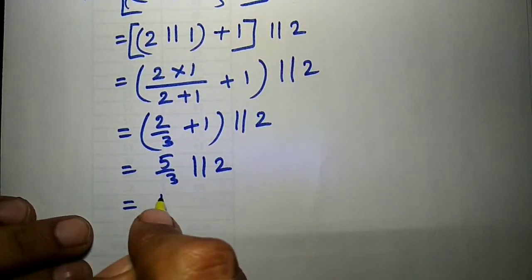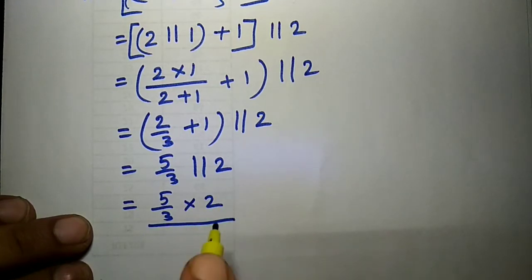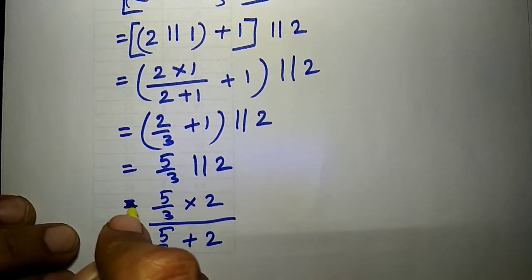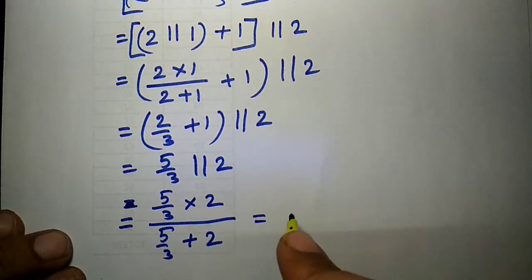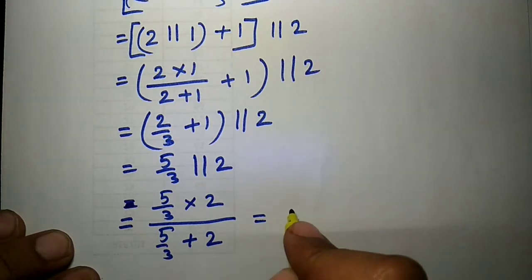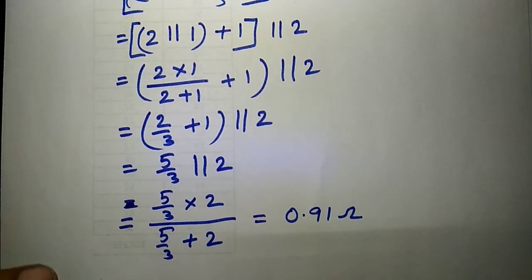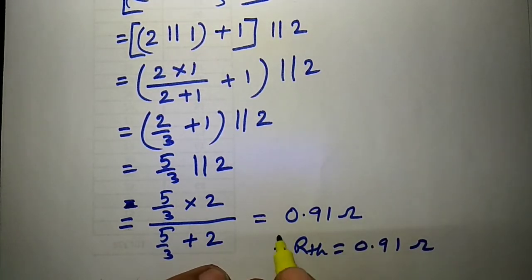And it will be 5 by 3 into 2 upon 5 by 3 plus 2. So finally, if you calculate, the value of RTH will be 0.91 ohm. So it is our RTH value. So RTH is 0.91 ohms.